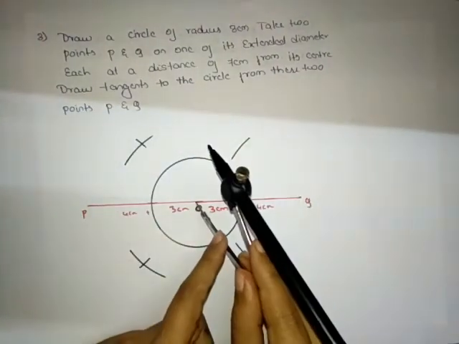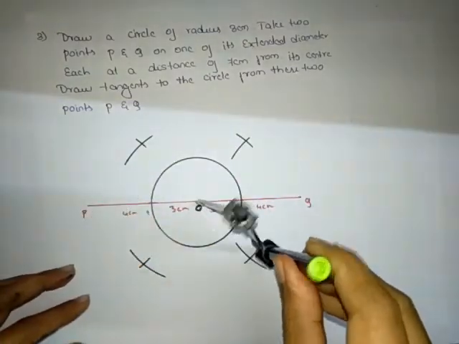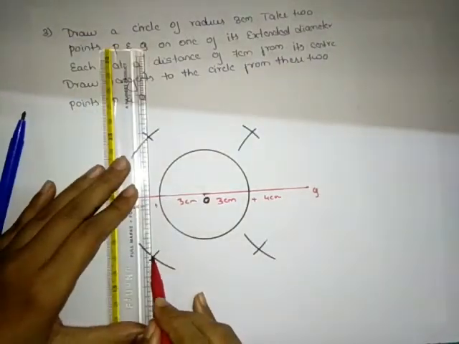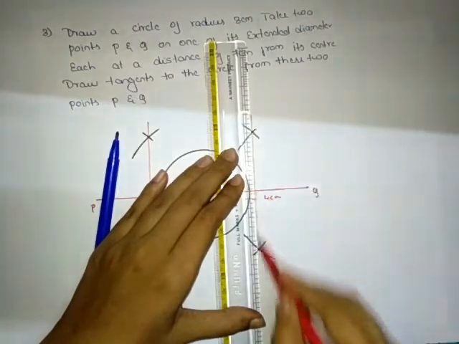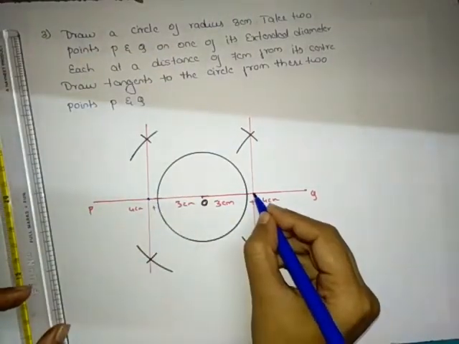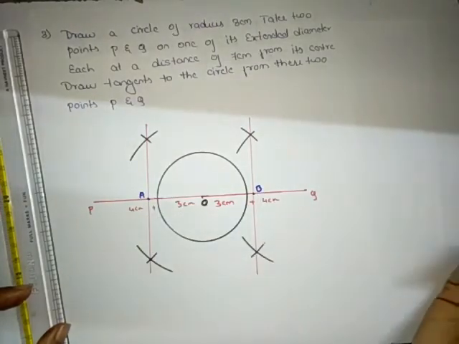So we need to take an arc for the 2 sides also. Now we'll join these points. Here we got the midpoints. We'll name them as A and this as B now.